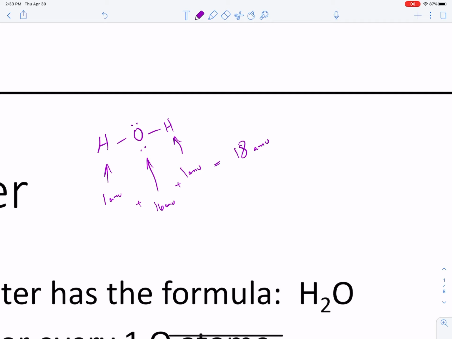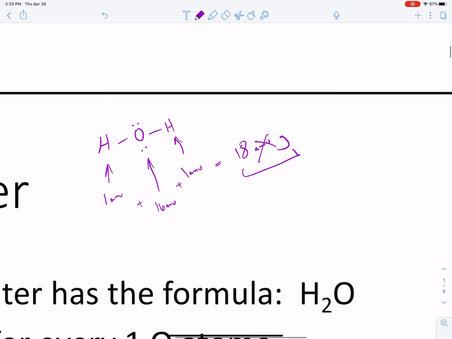The problem is we cannot weigh an AMU. But if we take this and we call it grams, now we can measure 18 grams, right? We can measure that mass fairly well. We can also relate this 18 grams to a mole, remember?